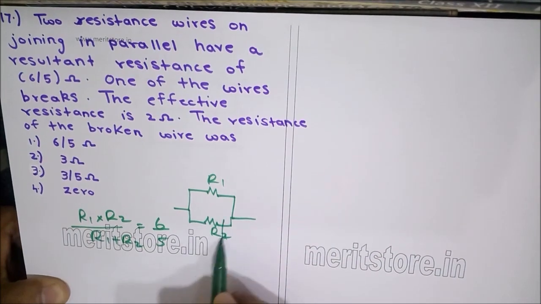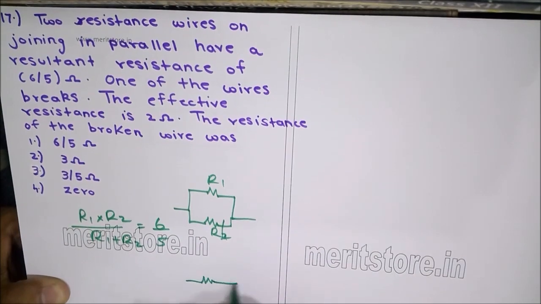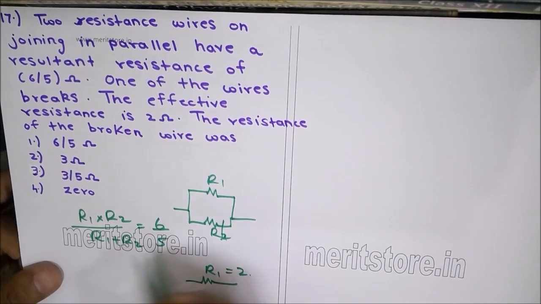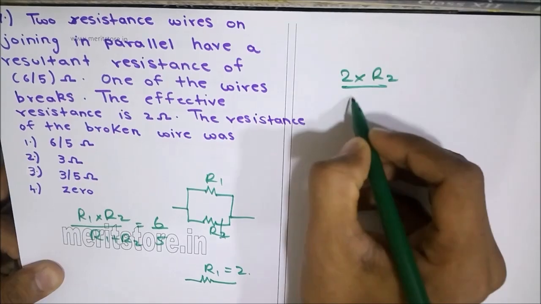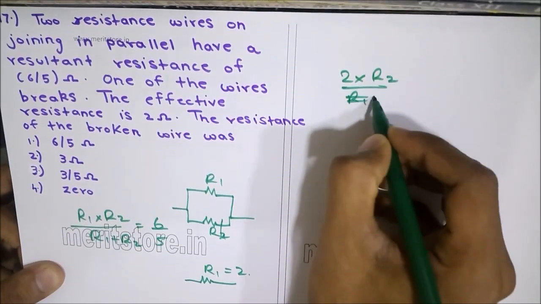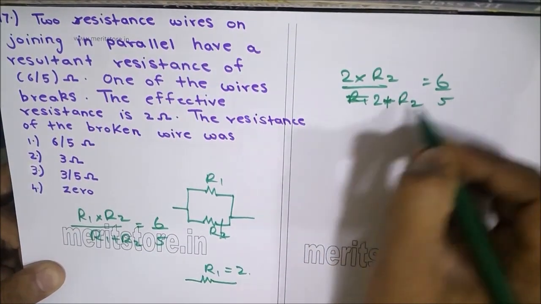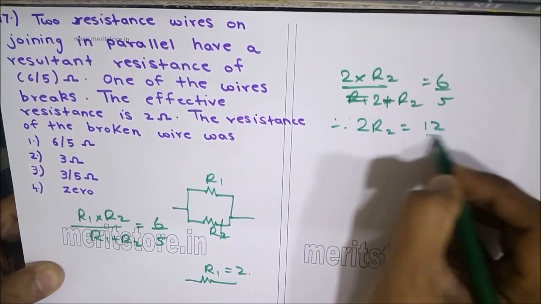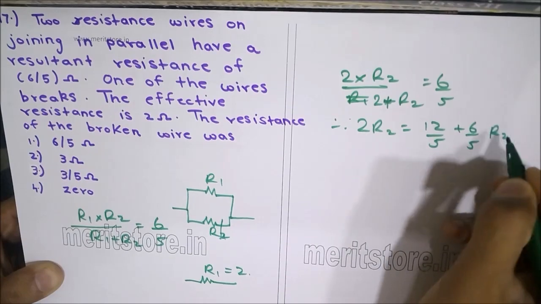Now when one of the wires breaks, the circuit consists of only one resistance R1, which is given as 2 ohms. So substituting 2 ohms as the value of R1, we get 2 times R2 upon 2 plus R2 is equal to 6 by 5. 2R2 is equal to 12 by 5 plus 6 by 5 times R2.